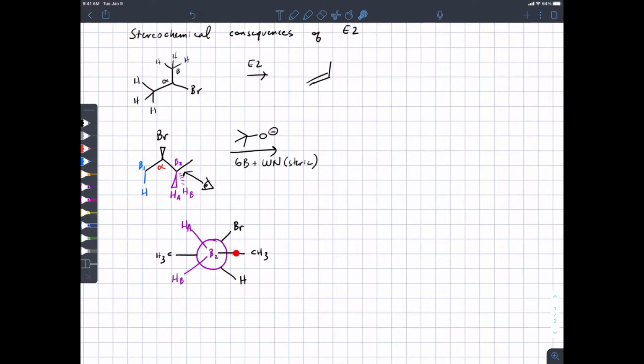This molecule does not have a plane of symmetry because the alpha carbon is a stereocenter. In this conformation where HA and HB are both close to the methyl group, only one of them is close to the bromo group. So this is an interesting principle that you're going to encounter again, and if you take the Chem 353 lab, Dr. Bronson is going to hammer this until you've got it.